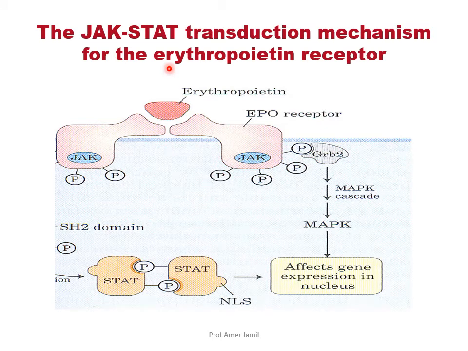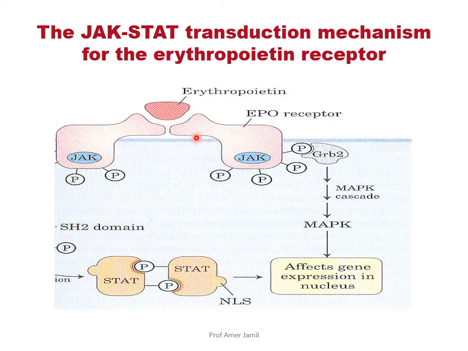This is an example of another signal molecule, erythropoietin, which has affinity for a membrane protein on one end, and there are certain changes that are brought about on the other end of this protein. This is called the JAK-STAT transduction mechanism for this erythropoietin receptor, which is this one.